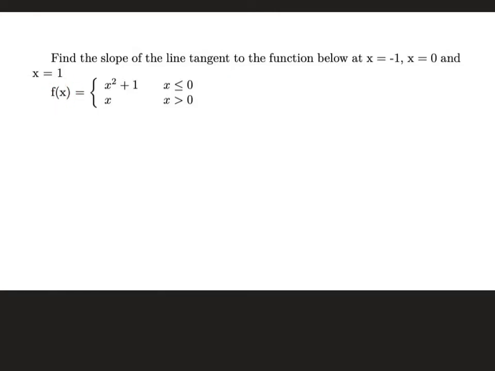And so if we have a piecewise function, we need to take the derivative in two separate pieces. And so we'll do both of those. I'm going to walk through each of these derivatives using the definition of the derivative.